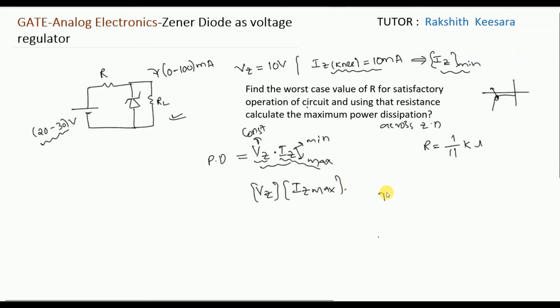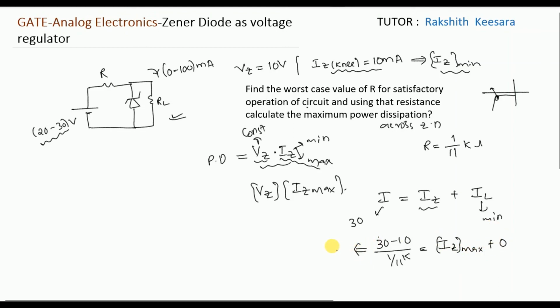So if you see here, I equals IZ plus IL. For IZ to be maximum, IL should be minimum. Next, for IZ to be maximum, this I should also be maximum. So we are considering 30 volt here. If I consider 30 volt, 30 minus 10 by R equals IZ maximum plus IL minimum, which is 0.